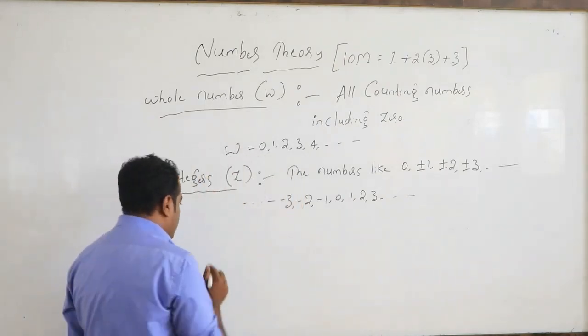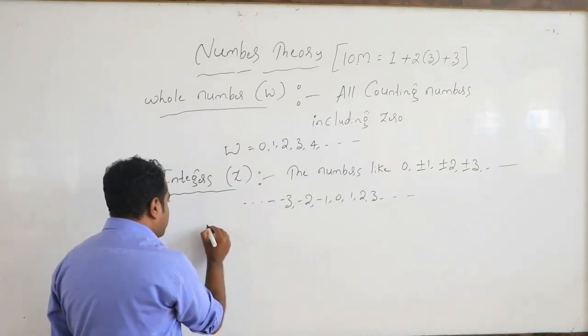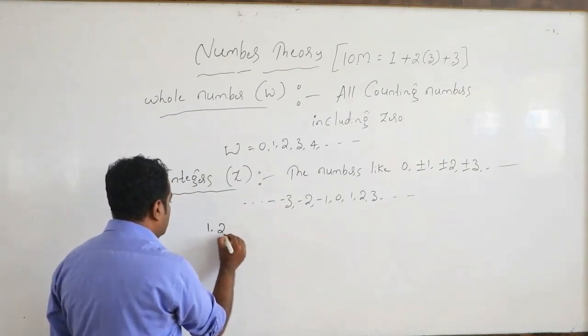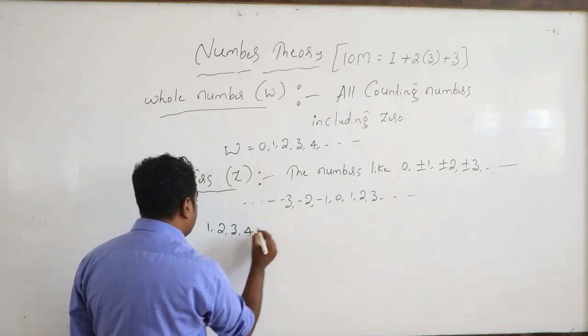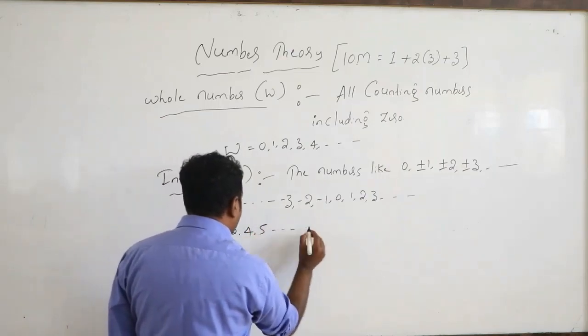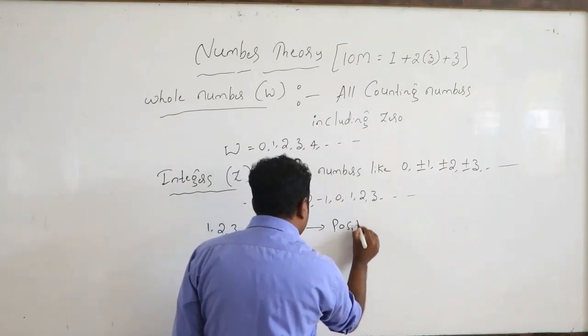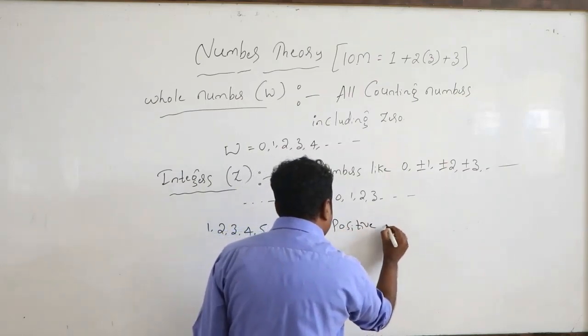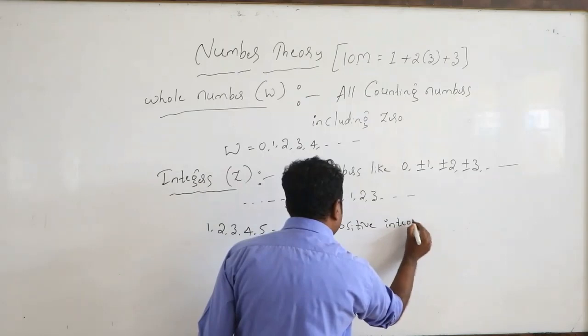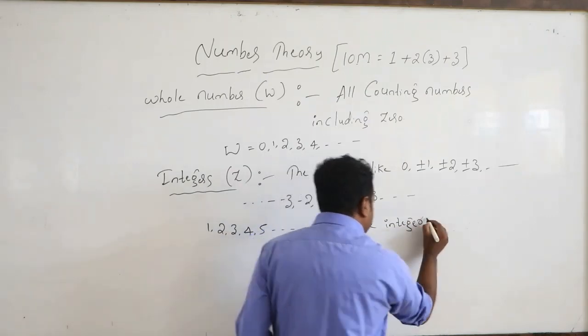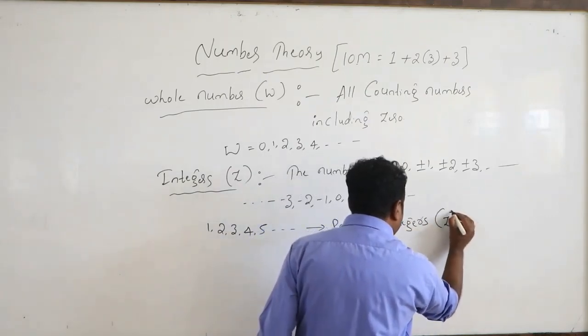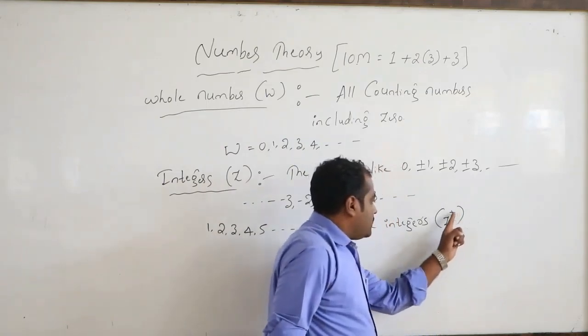Here the numbers 1, 2, 3, 4, 5, and so on, are called positive integers, denoted as Z plus.